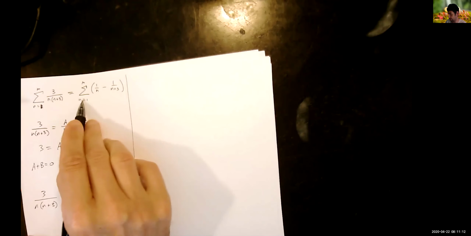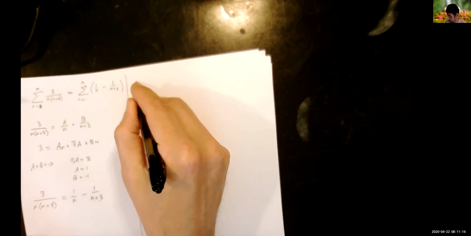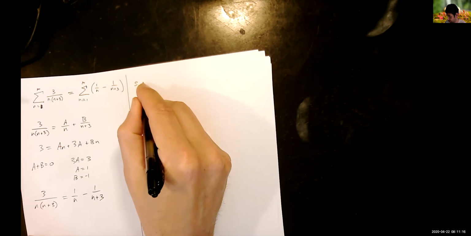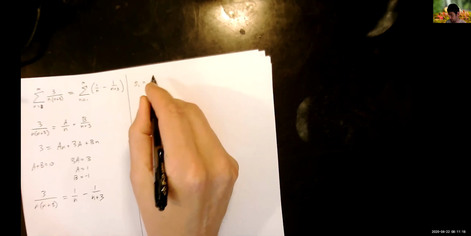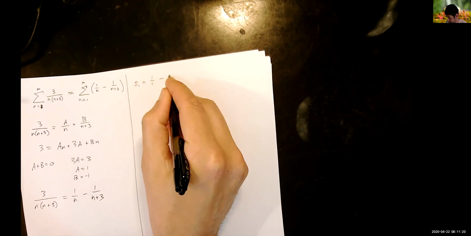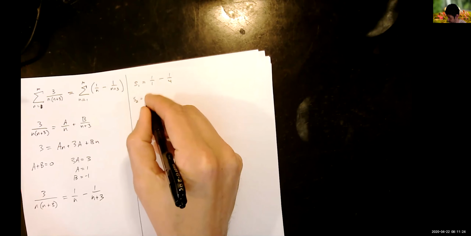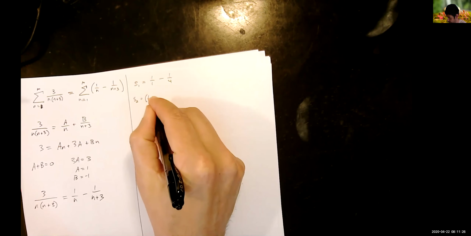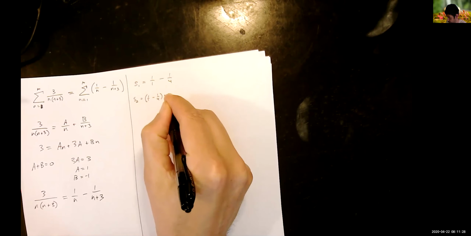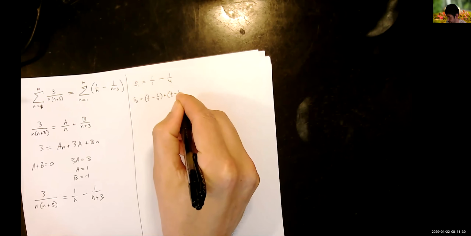Using this form, S1, the first partial sum, is just going to be 1 over 1 minus 1 over 4. S2, I'm going to have to start writing these smaller: 1 over 1 minus 1 over 4 plus 1 over 2 minus 1 over 5.